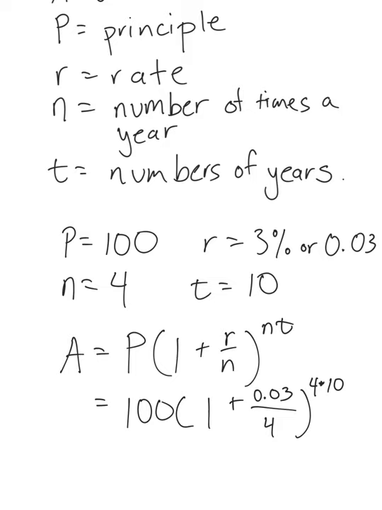From our calculator, we get $134.83. So that is the amount you will have after 10 years, only $134.84. And this is a generous bank, okay? So it gives you an idea of how wonderful savings accounts are going to do for you.